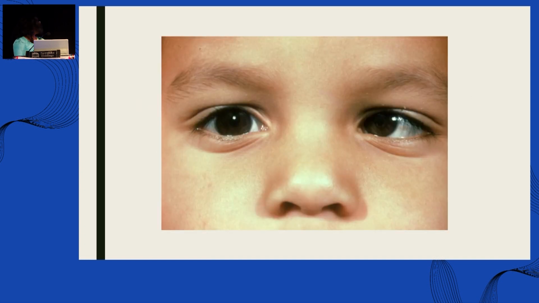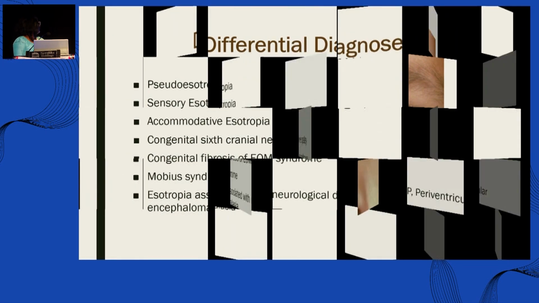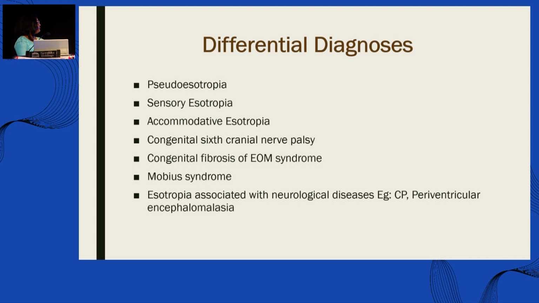This is just a picture. So there are many esotropias, as we know. Then, to diagnose precisely, first we need to know the differential diagnosis, right? The differential diagnosis includes pseudoesotropia, sensory esotropia, accommodative esotropia, congenital sixth nerve palsy, congenital fibrosis of extraocular muscle syndrome, Mobius syndrome, and esotropia associated with neurological diseases such as cerebral palsy and periventricular encephalomalacia.